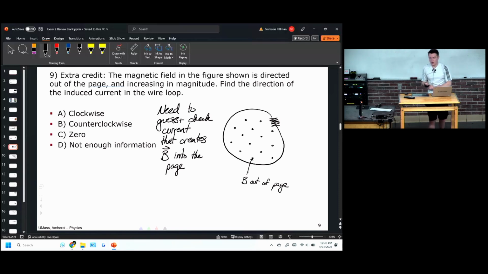Okay, so now take a couple seconds. Again, for some of you it will be easy, but for some of you it may still be hard. Figure out if I should make the current go this way or the other way. So use this as your initial guess. Have I go to the left, and see if it gives you B into the page at that dot or not. Go ahead. Talk with each other because your neighbor may be confused and you may get it.